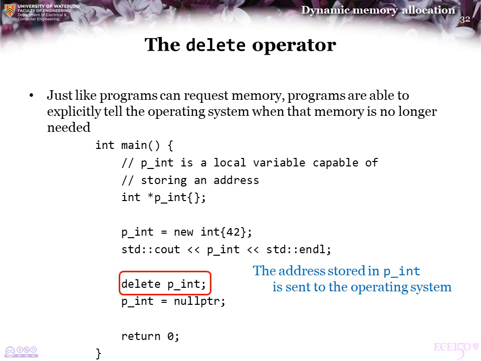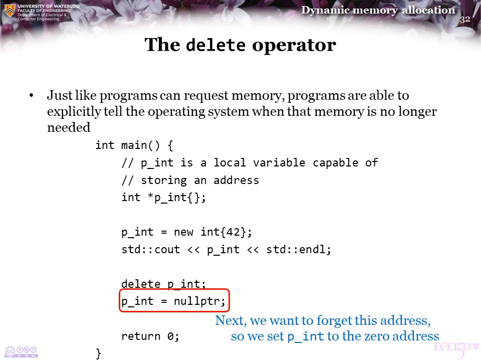So p_int still has that address assigned to it. So the next thing we're going to do is we want to forget that address. So what we do is we set p_int to the 0 address. And the 0 address is stored in a keyword nullptr, which is essentially, in this case, a 64-bit 0.